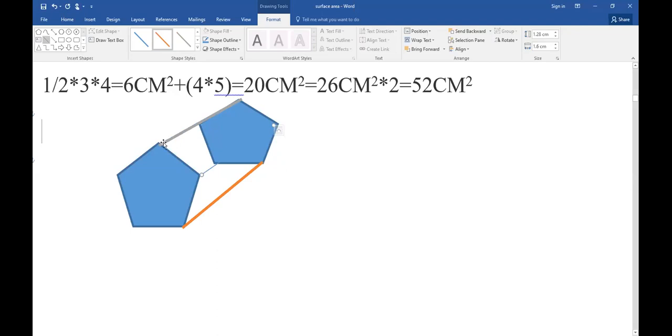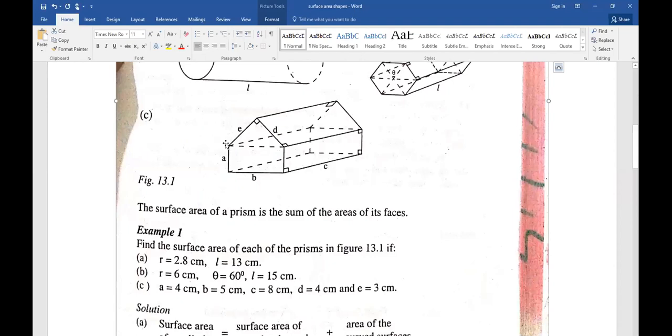Yes, so this is how a pentagon would look. This one was the 4 and the 3 centimeters. I know it might be a bit different, but remember this one is 3, not like the other one that we have here.